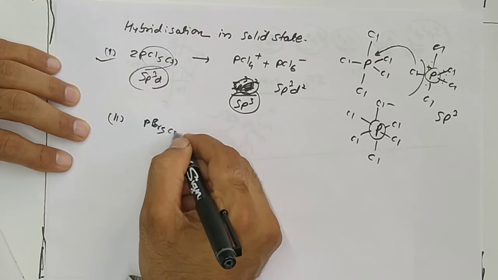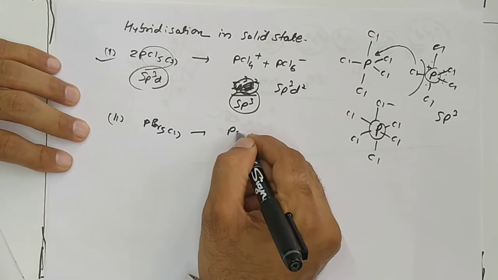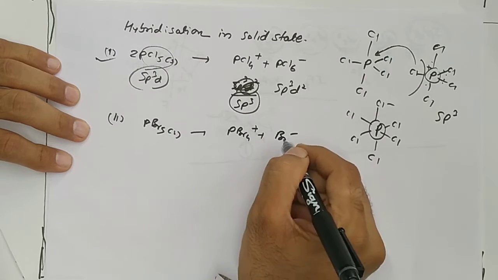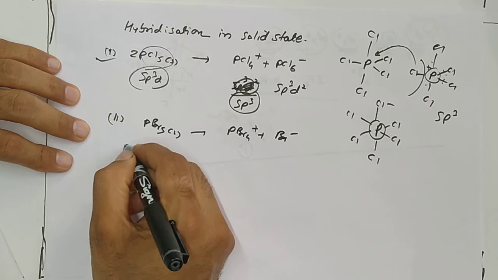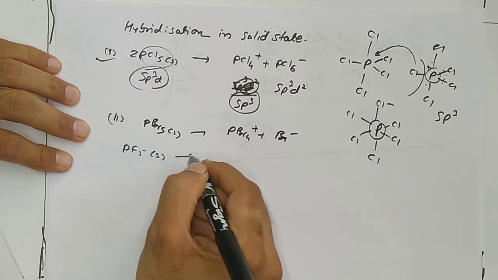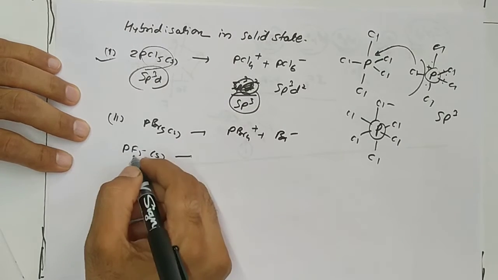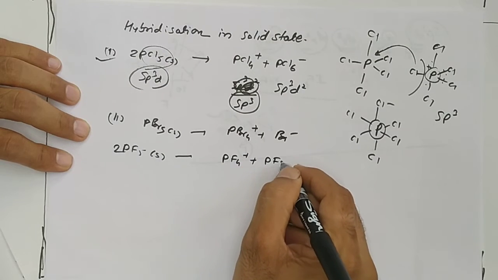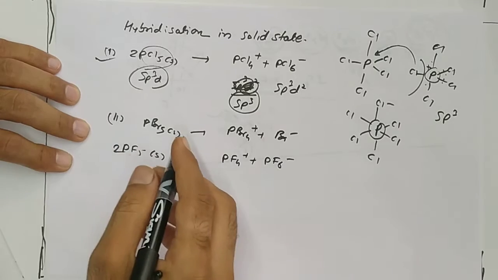PBr5 solid converts into PBr4 plus and Br minus. In PF5, 2 mole of PF5 gives PF4 plus and PF6 minus.